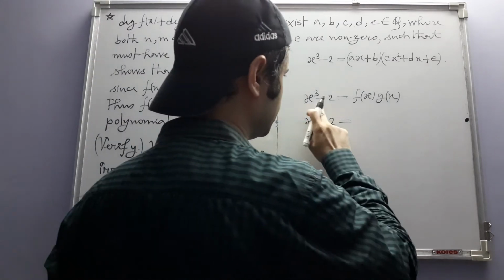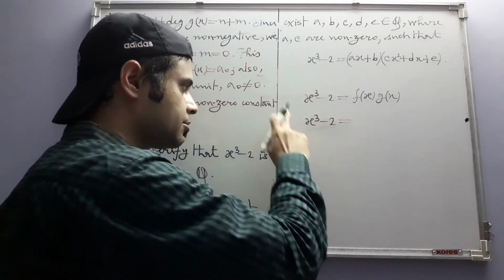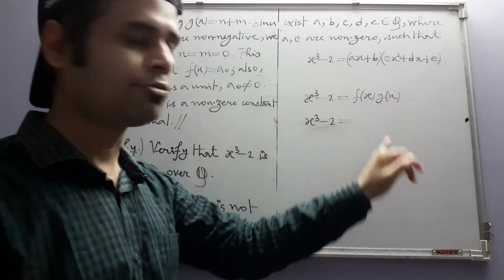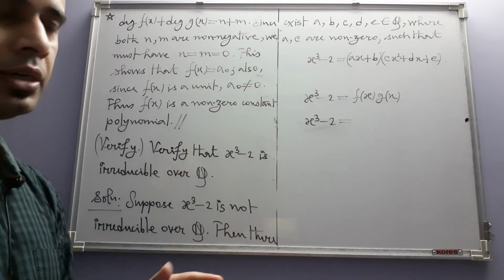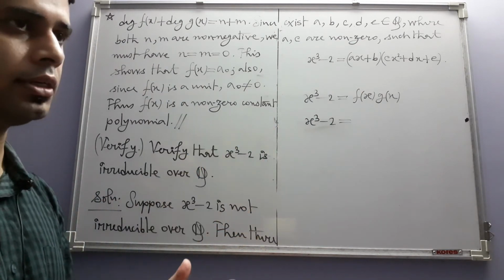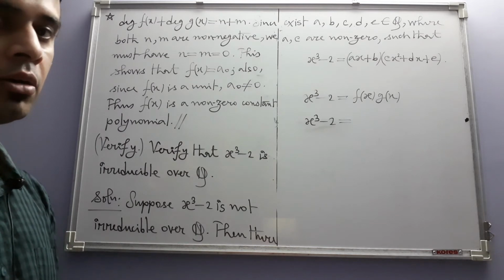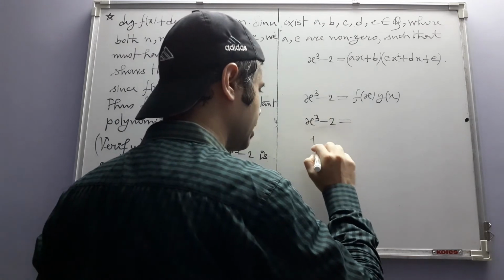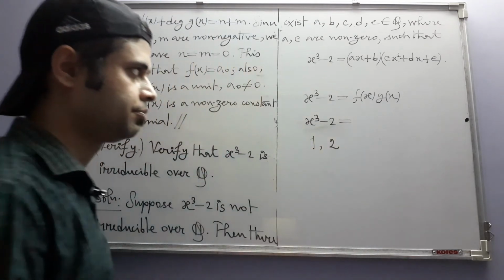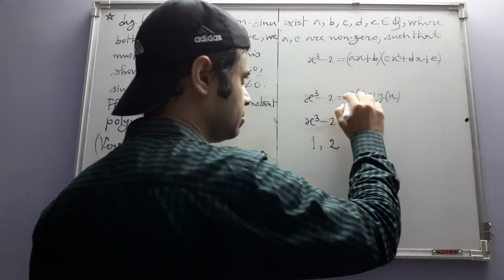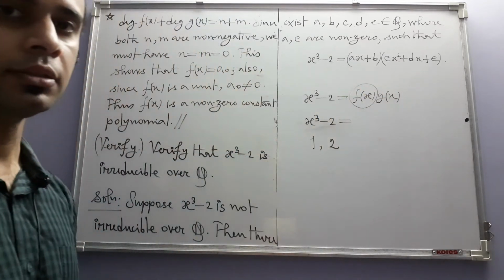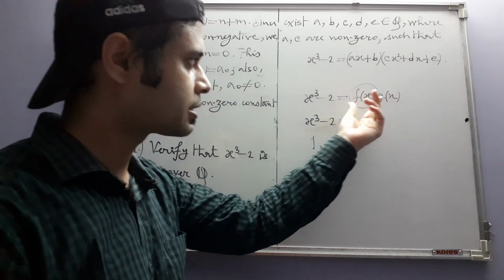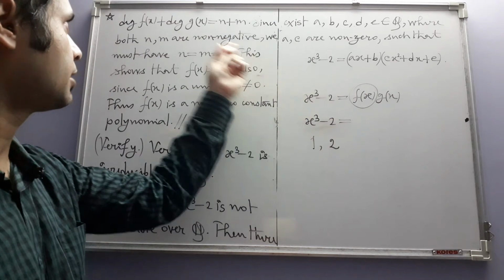So from that definition, assuming that this is not irreducible gives us two polynomials, none of which is a constant polynomial. That means each one of them has degree greater than 0. Now what can those degrees be? Those degrees can be either 1 or 2. Note that if, say, f(x) is of degree 3, then g(x) must be constant, because the sum of the degrees should be equal to 3 according to that formula.